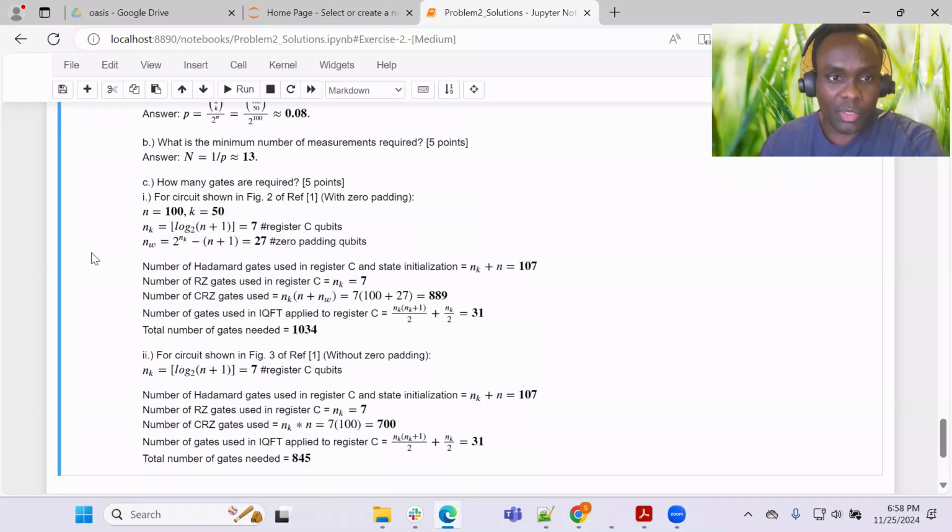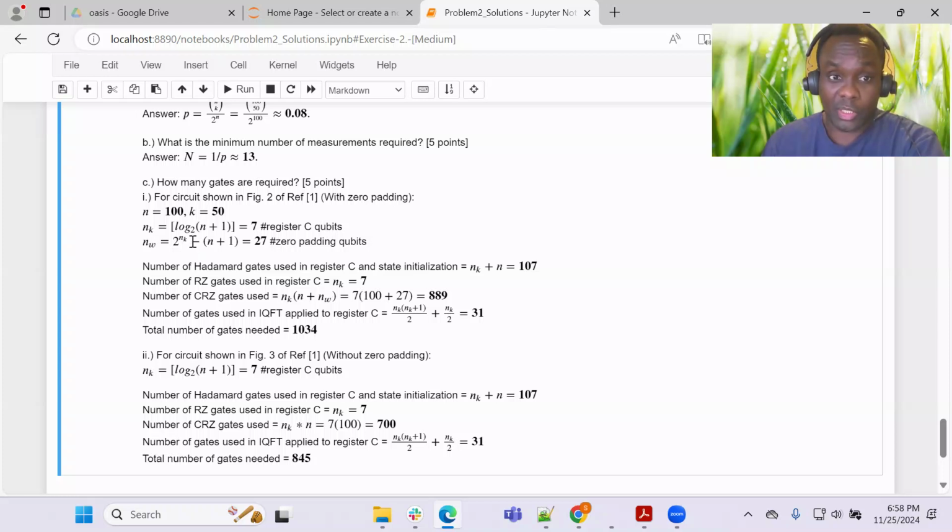Now let's go through this. The first part is for the circuit shown in figure 2 of the reference. This is the one with 0 padding. Now we have n equal to 100, k equal to 50. N sub k is the number of qubits required in the C register, which is the measurement register.